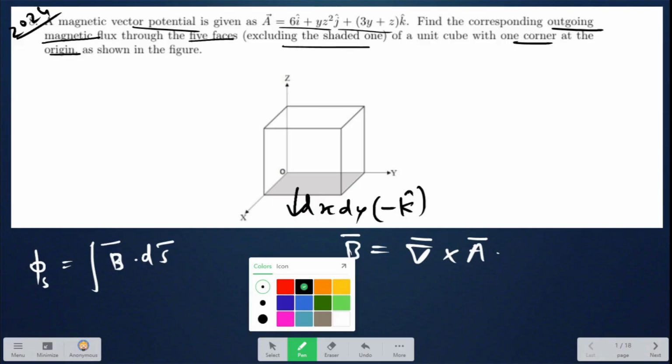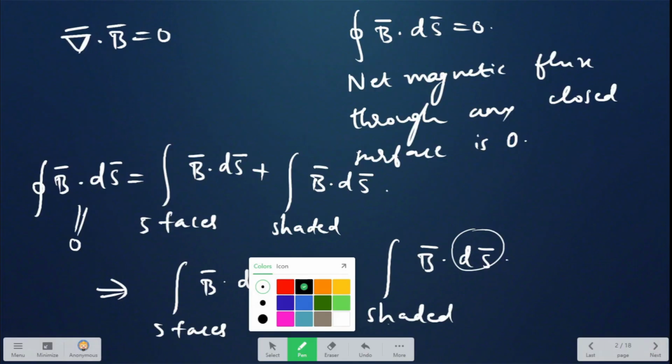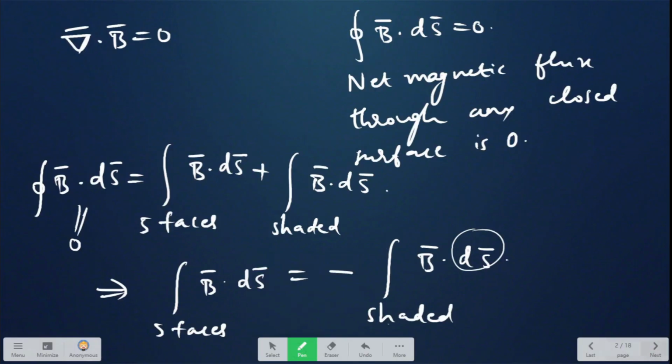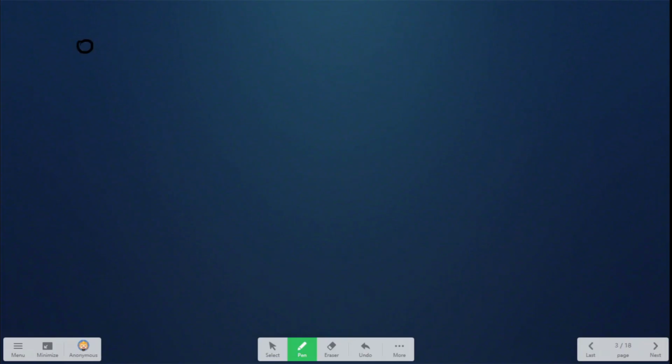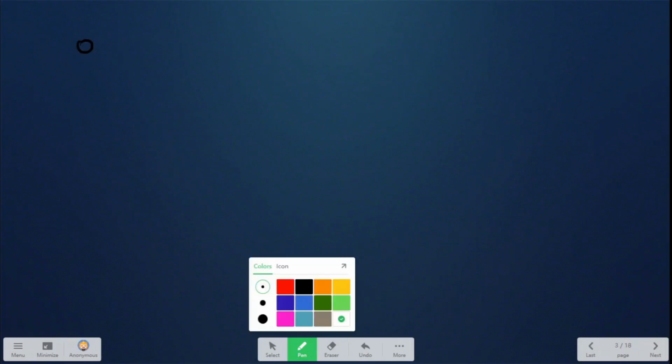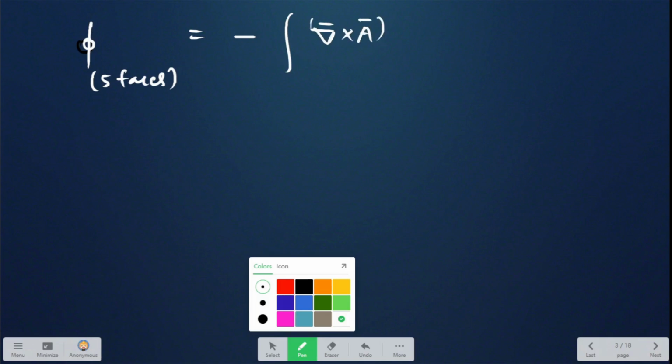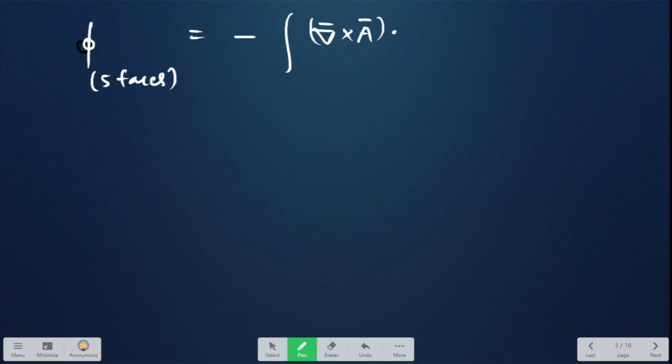This is the area element in the case of the shaded phase. Therefore we have magnetic flux through 5 phases equal to minus of integral of B, which is del cross A, dot ds, which is dx dy minus k cap.